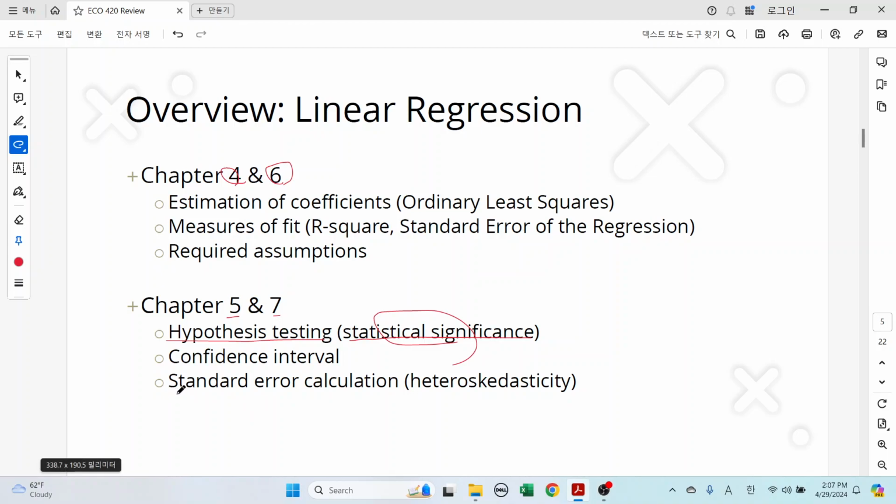And then we learned different issues related to standard error calculation, like heteroscedasticity, but that is more about software. Your program will handle this automatically, so you don't need to worry too much about it. A confidence interval is not easy to present and derive when you have multiple regressors, so more important here is hypothesis testing.